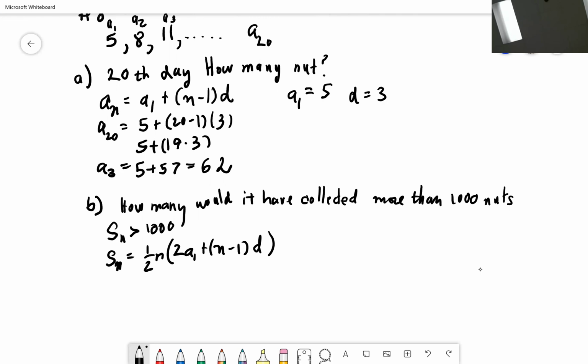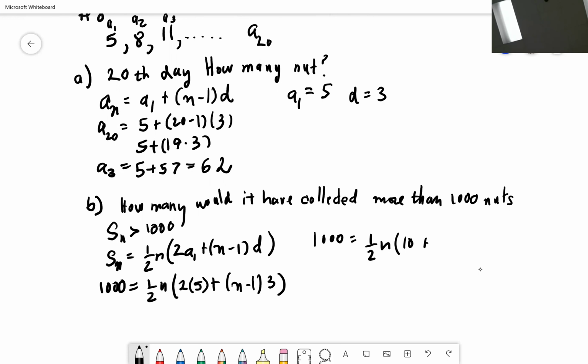I'm going to set it equal to 1,000. So in other words, I'm going to set S of n equal to 1,000 equals half n times twice the first term plus an unknown n minus 1 times 3. So what we have is 1,000 equals half n times 10 plus 3n minus 3. I use distributive property there.